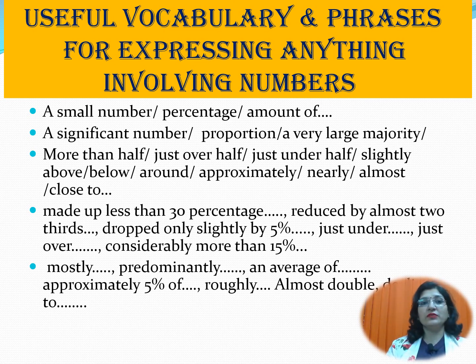You can use the phrases made up less than 30%, reduced by almost 2/3. So these are the various ways you can express numbers, figures and data properly. So kindly go through them and try to pick up the correct vocabulary, which is a crucial part of analytical paragraph writing.